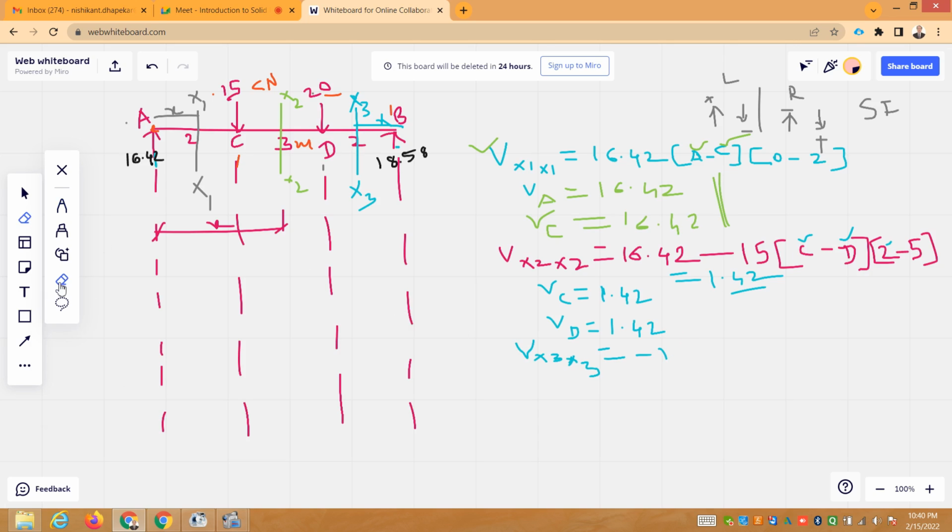It is minus 18.58. So I will now try to calculate this x3, this section is valid from, I am taking from the right hand side from B, so it is valid from B to D.